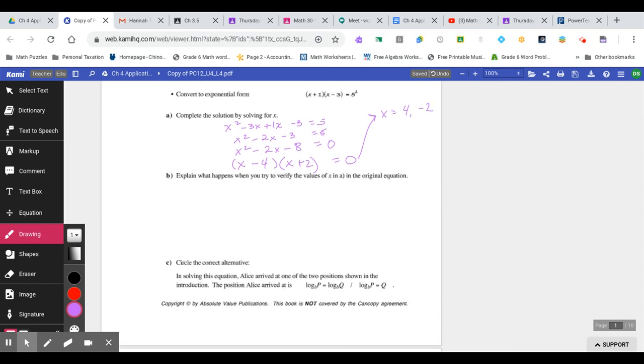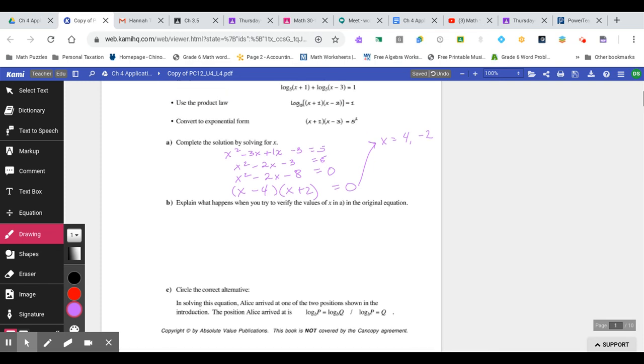It says, explain what happens when you try to verify the values of x in the original equation. So if I was to put that back in the original equation, I would get this. Just copy. Everywhere there's an x, I'm putting 4.